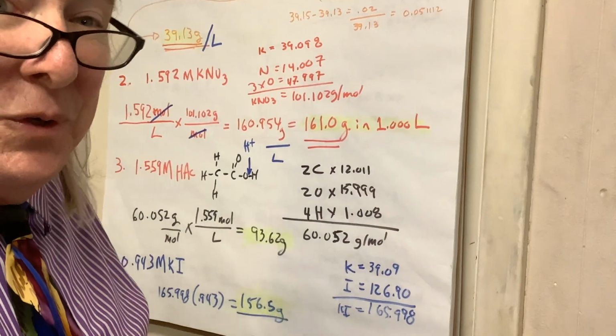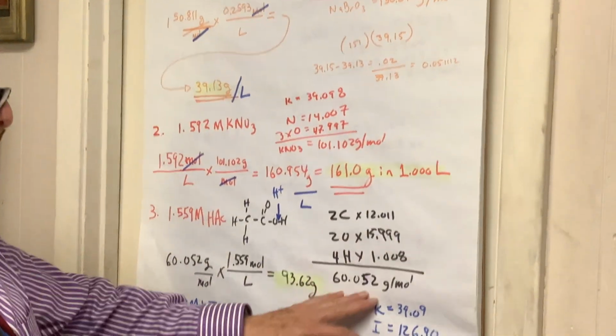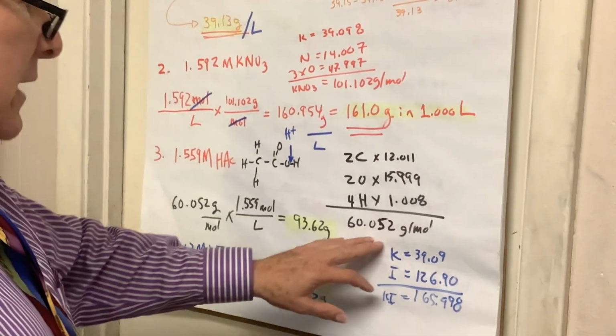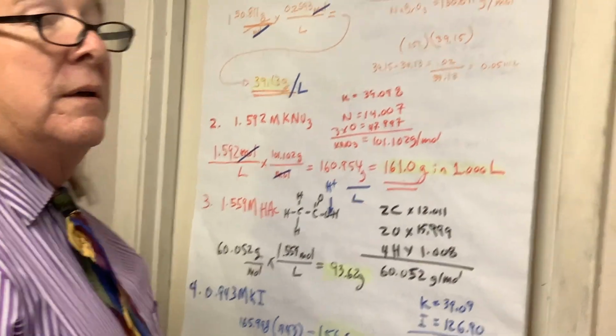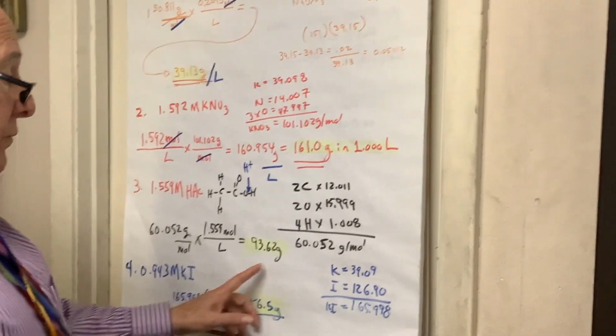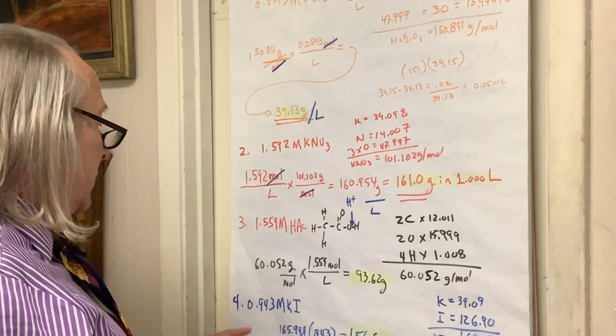Just Google acetic acid molar mass, and you'll come up with something like this. I did not check Google. Their numbers might be different than mine because of different periodic tables, but out to 4 or 5 decimal places, I'm sure they'll be the same.